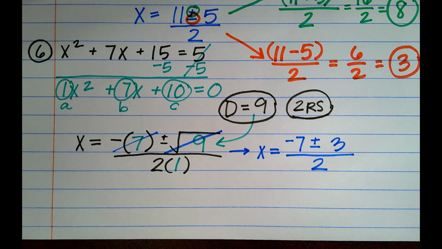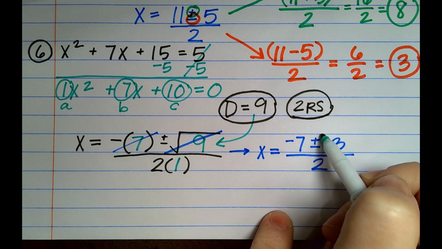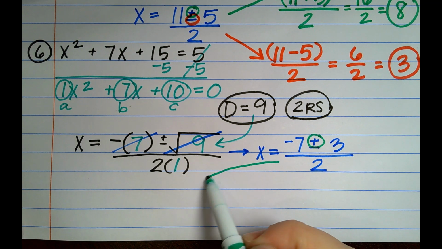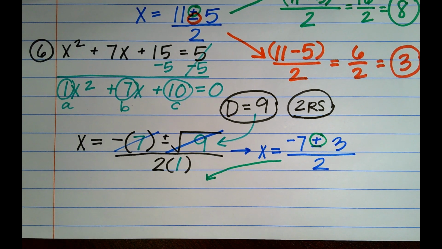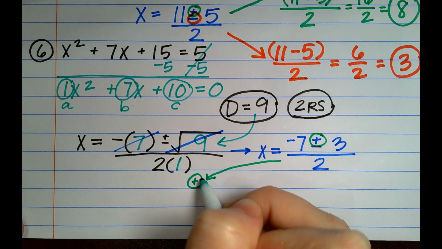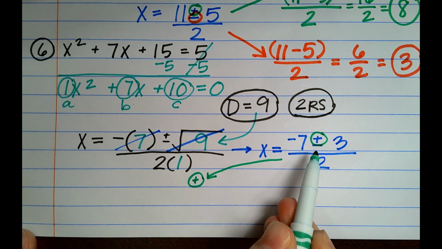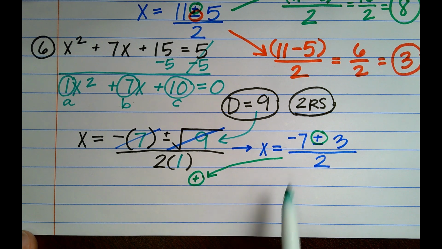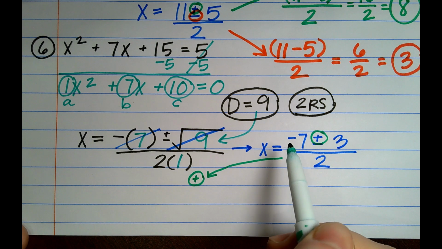So where do we go from here? Plus or minus. We're going to separate our problem into 2 new problems. My plus. So whenever we rewrite our problem, the only thing that I see as one of the more common mistakes is losing a negative sign.